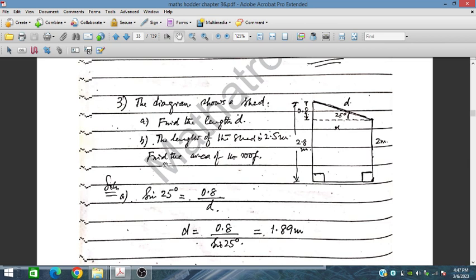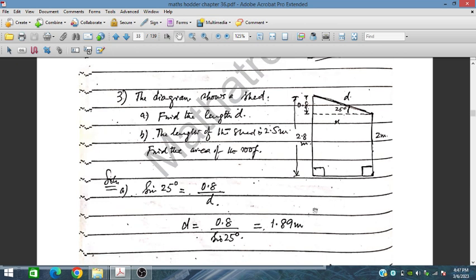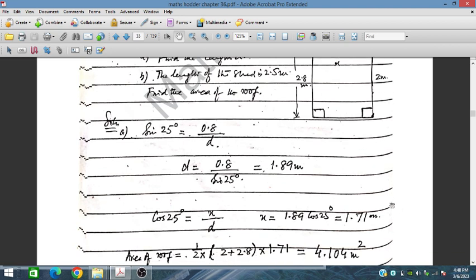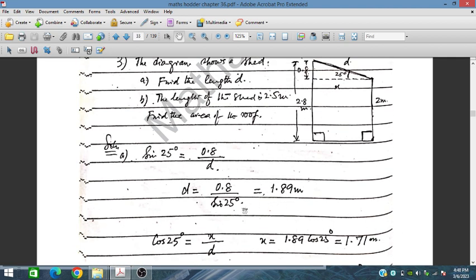That's part A. The length of the shed is 2.5 meters. Now let's use cos 25. Cos 25 is equal to x upon the length. So x is equal to 1.71 meters.